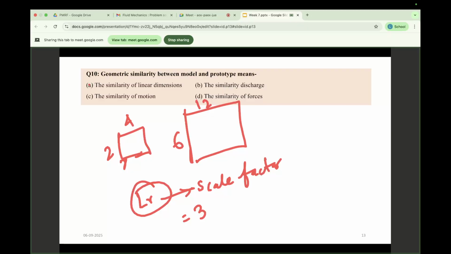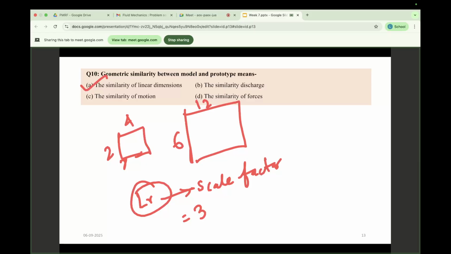For geometric similarity, what do we need? We need the similarity of the linear dimension. If the similarity is changed, then it is of no use.